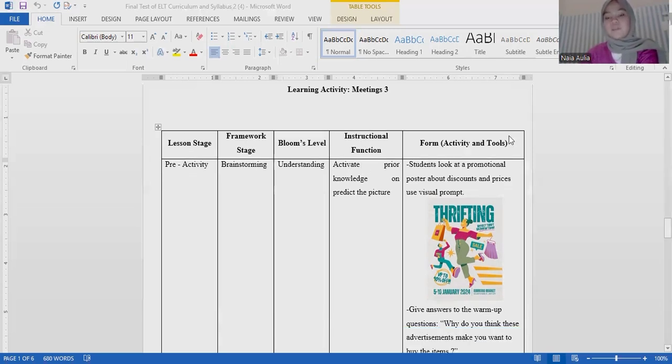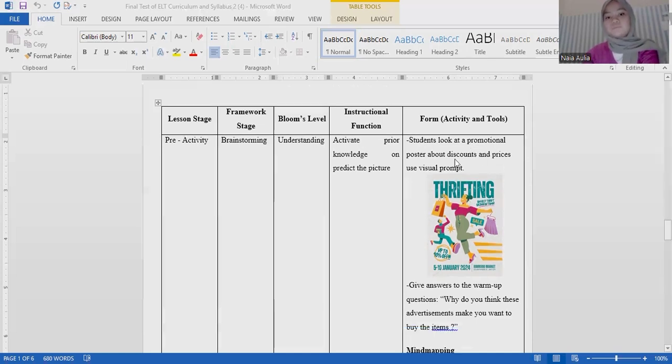And for the form of activity and tools, I give students a promotional poster about discount and price, using a visual prompt. Like I said before, I want my students to stimulate or build their curiosity or activate their prior knowledge about what they will learn.